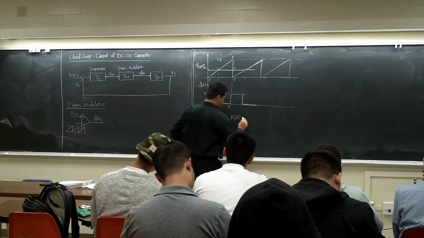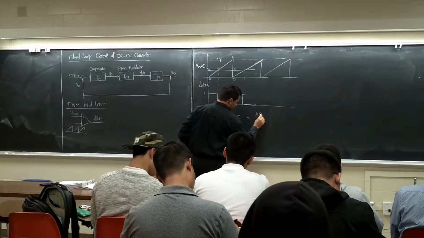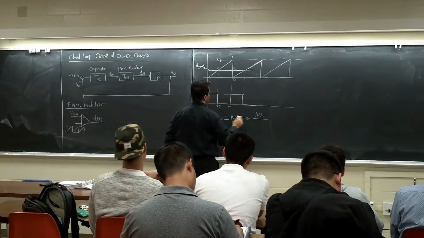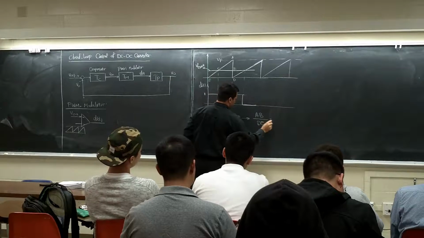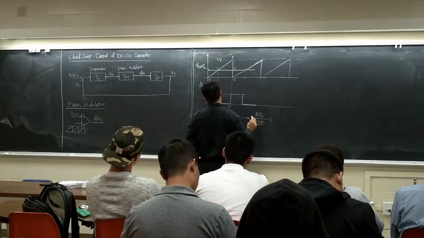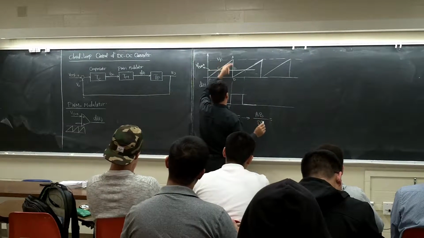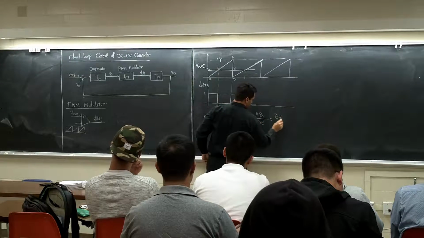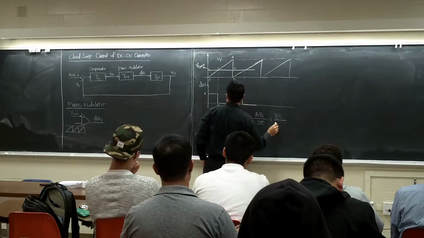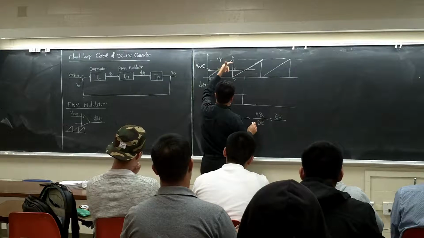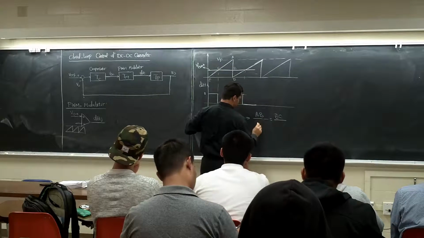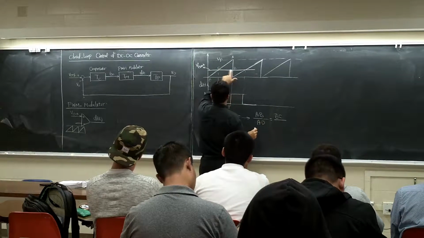So I can say AD over DE is equal to BC over, sorry, I made a mistake. AB over AD, this is AD, is equal to BC over DE, right?